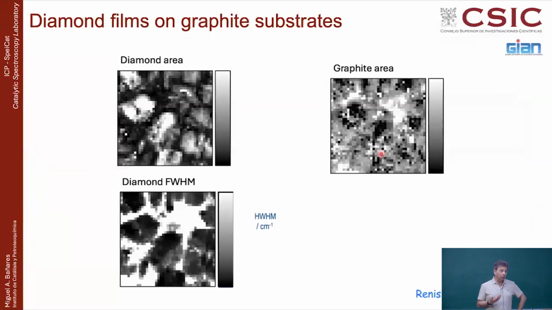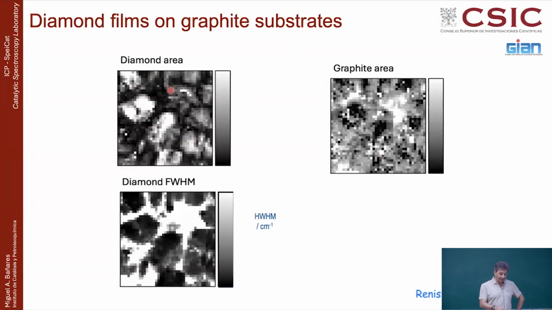You can look at 1600 Raman spectra and go crazy, or you can say, okay, let us plot relevant information. Like for instance, what is the area of the Raman band of diamond at 1300? Okay, so this is it. It goes from very low to very high. So here you see you have maxima of diamond at some positions. So the coating of diamond on graphite in this 40 micron range is not homogeneous.